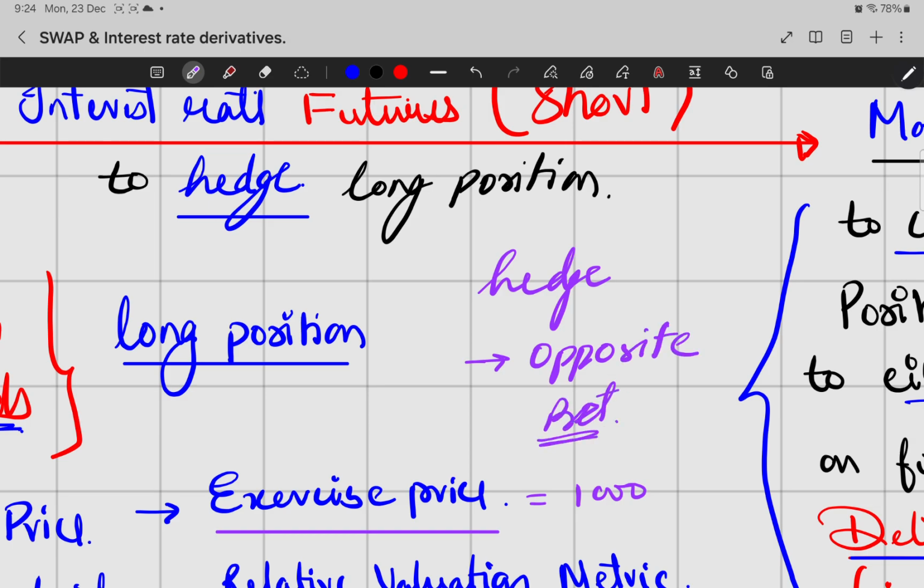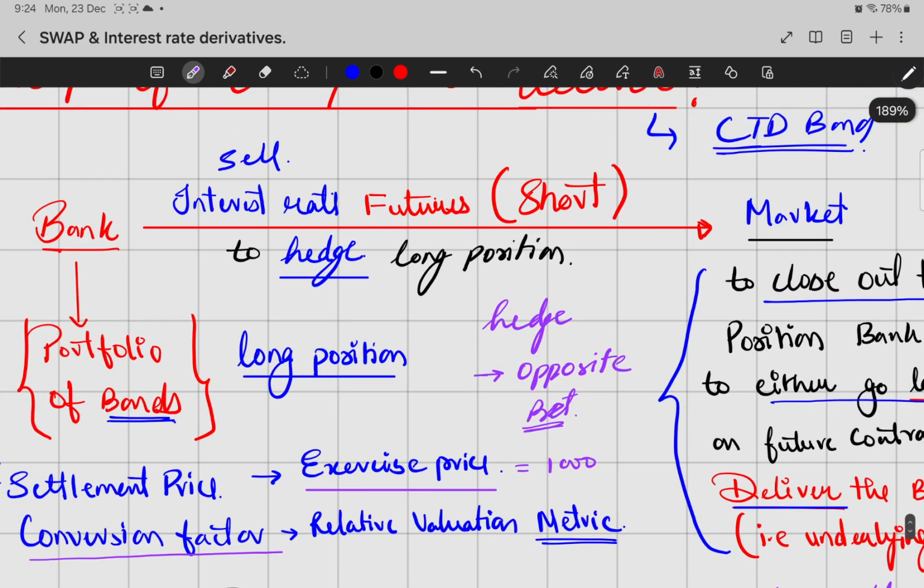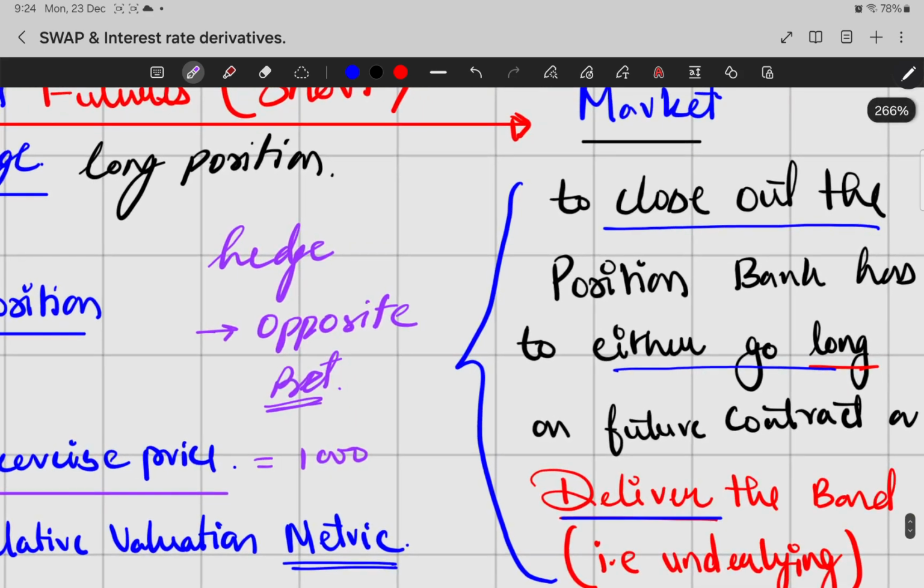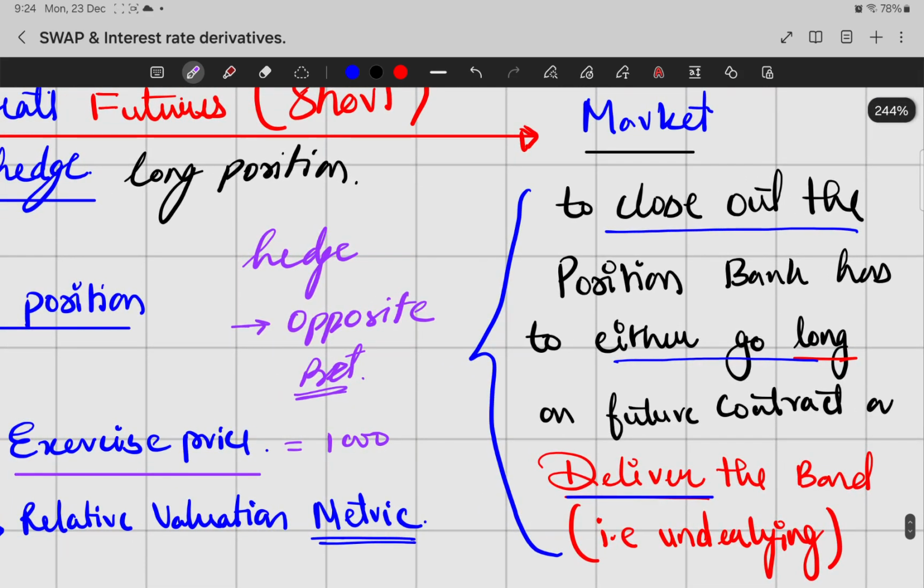So if you have a portfolio of bonds, what you want to do in order to hedge is to sell the interest rate future. So the bank has sold the interest rate future, or in market terminology, it has gone short.